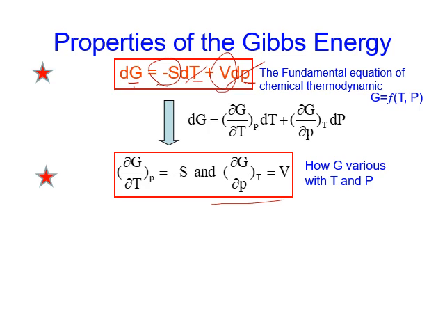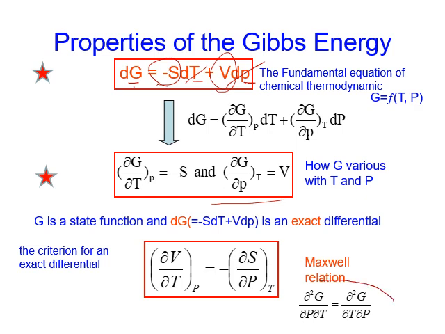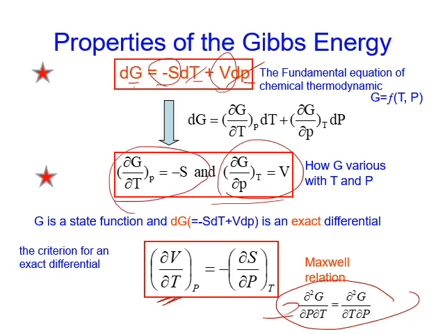Now, just like the case of the internal energy differential, the second derivative of Gibbs energy over pressure then temperature equals the second derivative over temperature then pressure. Because volume is the first derivative of Gibbs energy over pressure, if we take the volume derivative with respect to temperature, that's the second derivative on the left side. And because negative entropy is the first derivative of Gibbs energy over temperature, if we take the entropy derivative with respect to pressure, that's the second derivative on the right side.